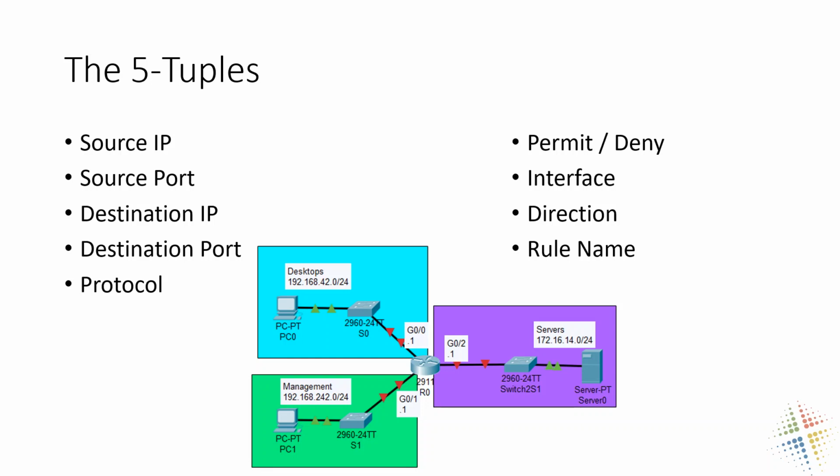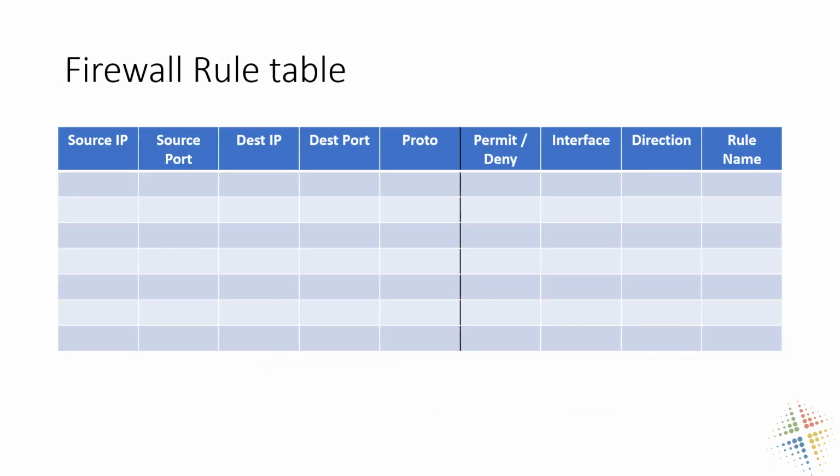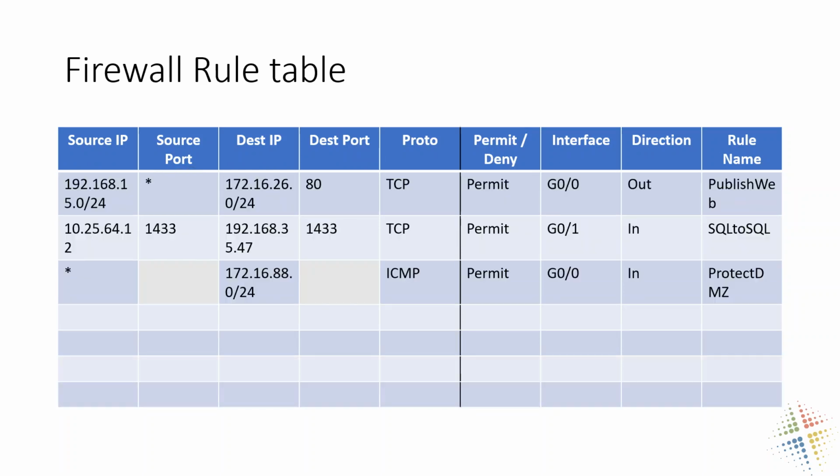All of this information can get fairly confusing, and so a great way to organize it is to put it into a table format. We can list out the source IP, source ports, destinations, and so on into a nice table in order to help organize our thoughts prior to moving forward. When we're done, we have something similar to this.